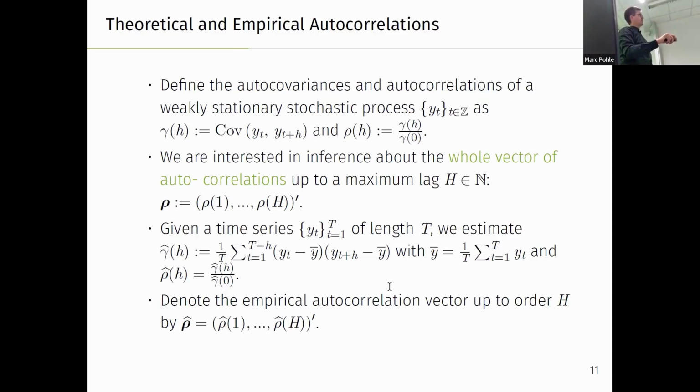We consider the theoretical and empirical autocorrelations up to a certain maximum lag h, from 1 to h, and we denote the vector by capital rho, and the estimator of this by capital rho hat. So this is our object of interest.